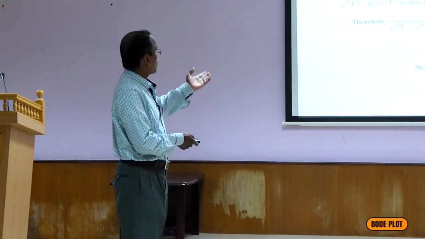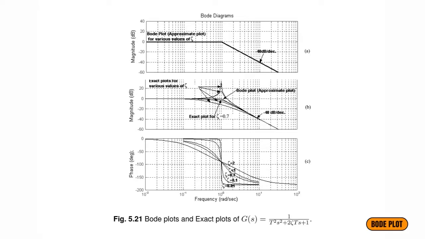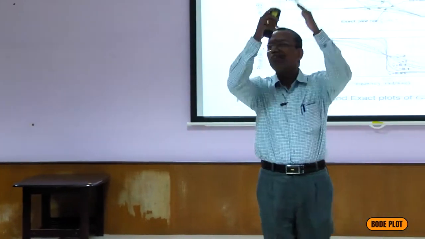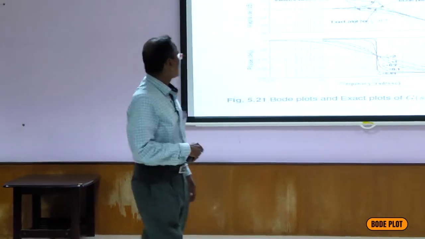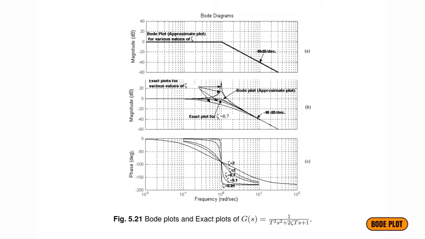So we got the plot like this. This is the approximate plot. Up to the corner frequency 0 dB, after that it decreases at the rate of minus 40 dB per decade. If you see here, the actual plot is different because as zeta decreases, there will be a resonant frequency. When zeta equals 0, it has a very high magnitude, approximately equal to infinity.